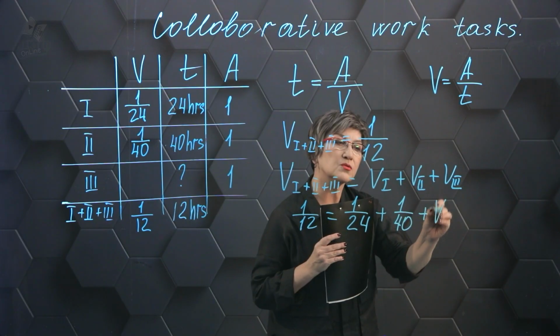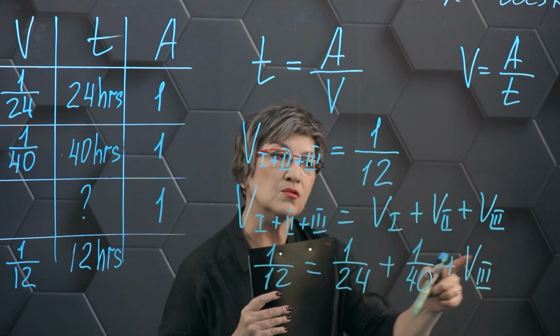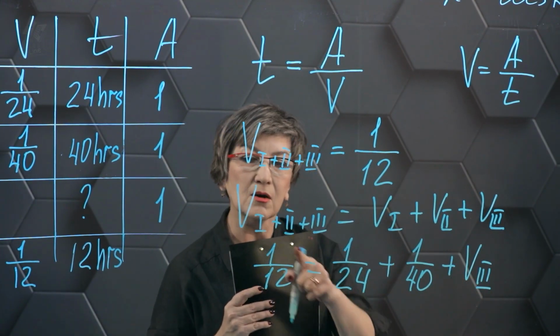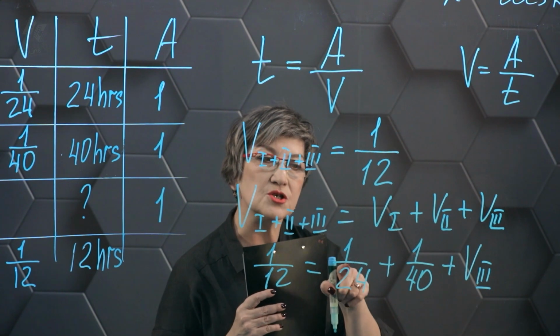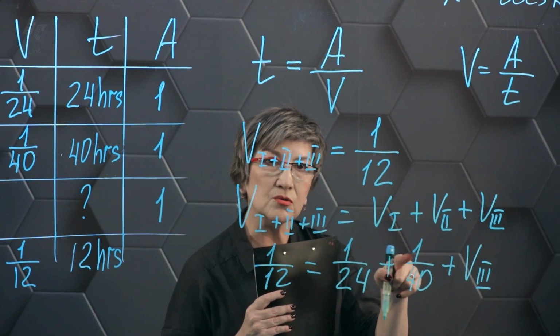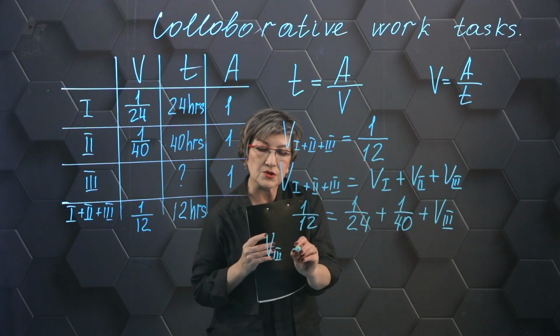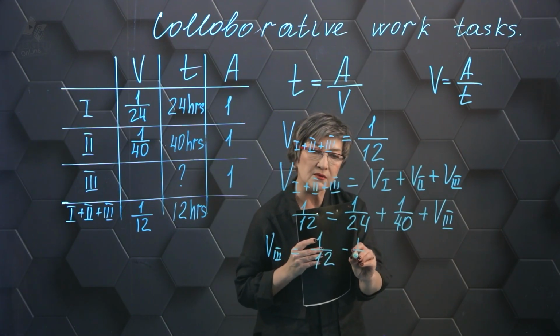We don't know the productivity of the third worker, but we can find it if we subtract 1/24 and 1/40 from 1/12. Let's write it down. The productivity of the third worker is 1/12 minus 1/24 and minus 1/40.